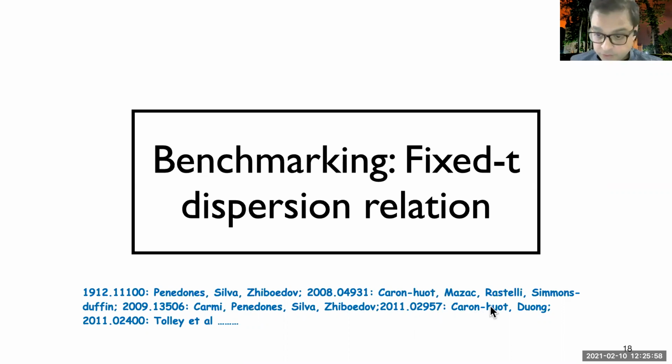And in fact, in quantum field theory, there have been some very important pieces of work in recent times by Simon and Andrew Tolley and company. So I will mention some of this as well. And I think there's some overlap there. So I will benchmark that. By that I mean that I will first summarize what is known about the fixed T dispersion relation, and then I'll make a comparison when the time comes.